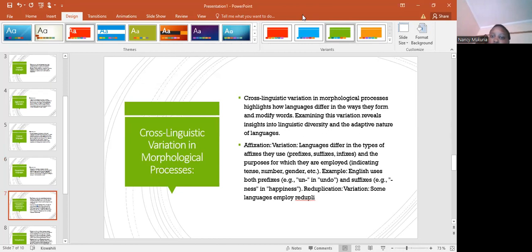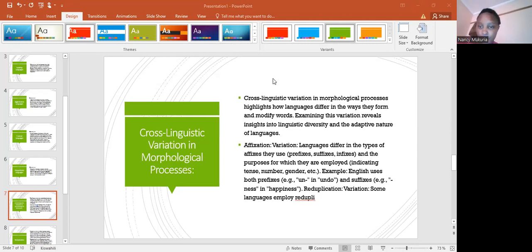Cross-linguistic variation of morphological processes highlights how languages differ in the ways they form and modify words. Examples of this variation offer insight into linguistic diversity and the adaptive nature of language.